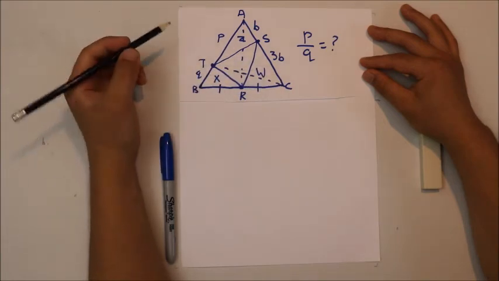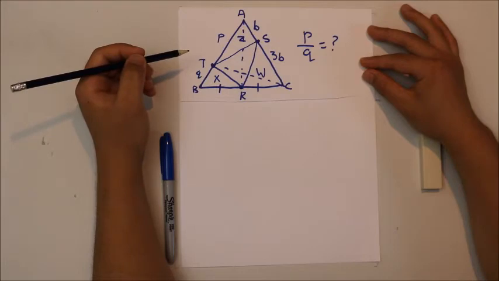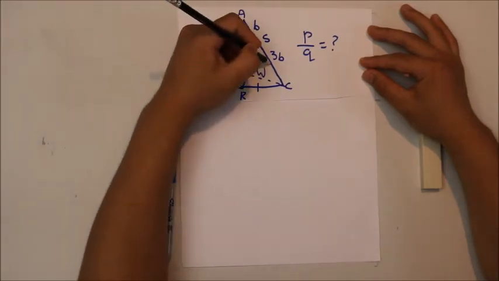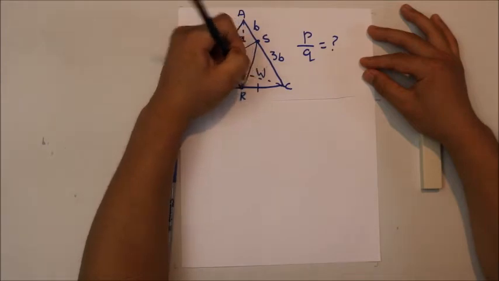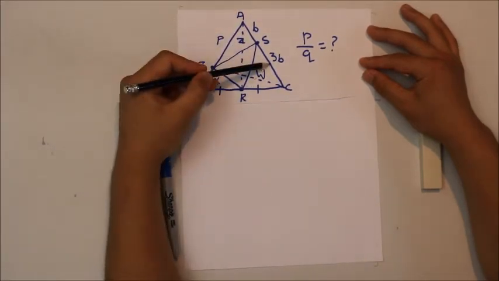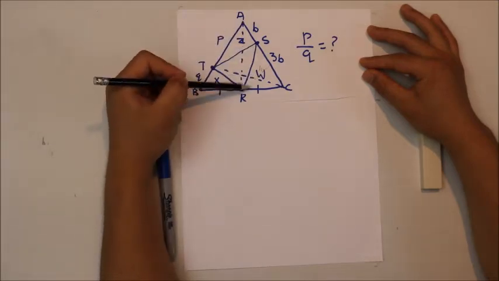The area of a triangle is base times height divided by 2. Let's draw an imaginary height here. This height is universal for triangle W and triangle ARC.